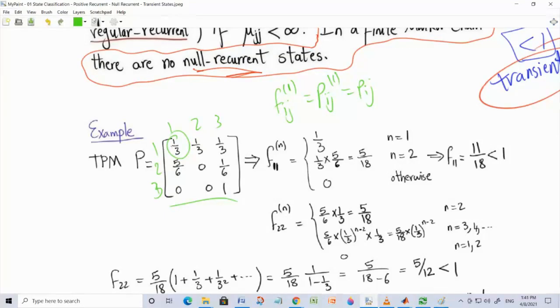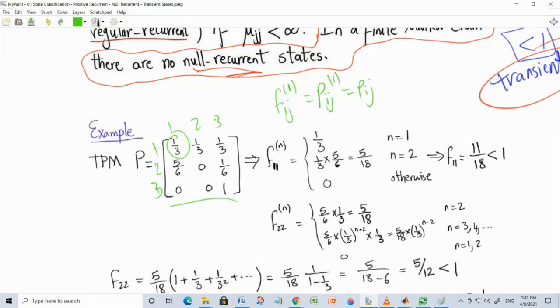So what is the probability that you will enter from 1 into 1 after exactly 2 steps? Now, can you go from 1 to 3? No, you cannot, because state 3 is an absorbing state, as we talked about in the previous lecture. If you make a transition from 1 to 3, you are stuck in 3 forever, and you will never get back to 1.